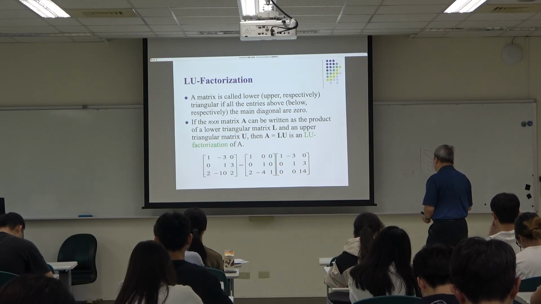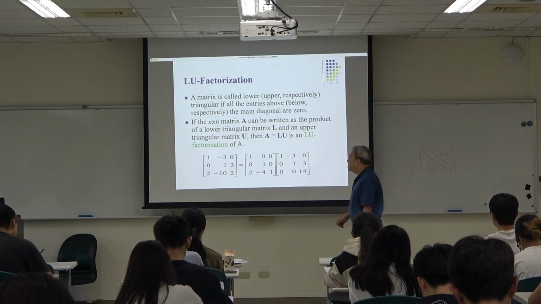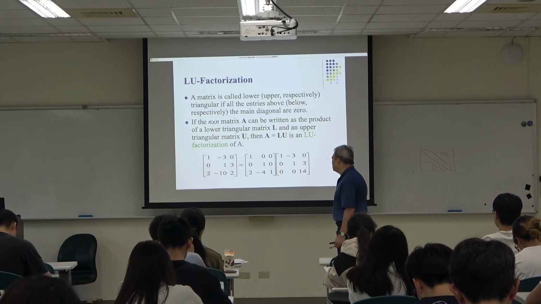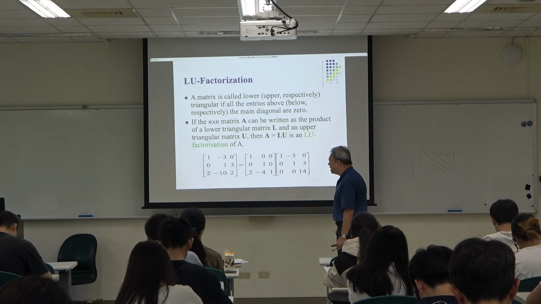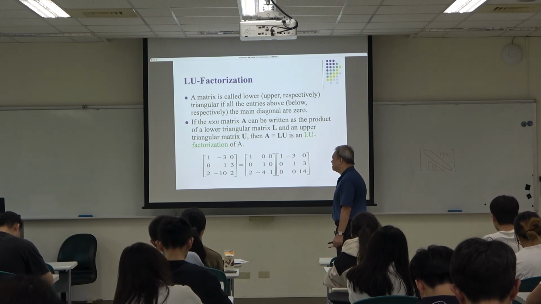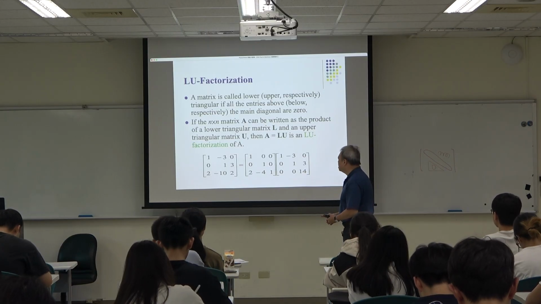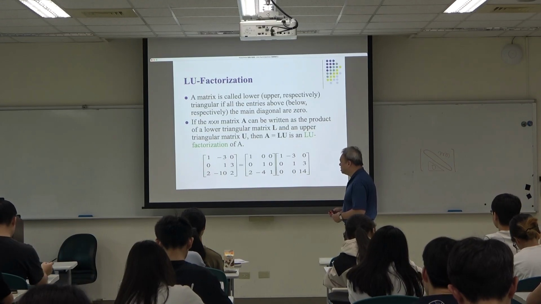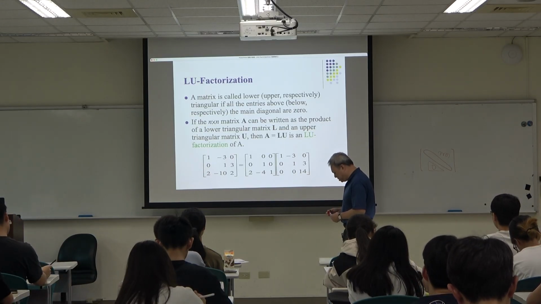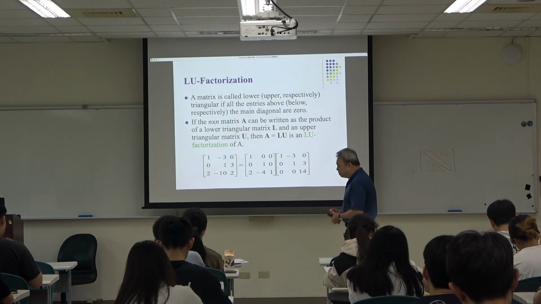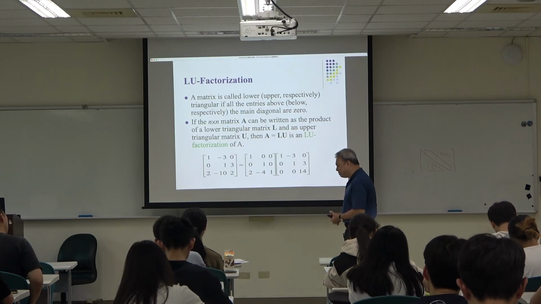So for an n by n matrix, it's not always, but sometimes it can be written as a product of a lower triangular matrix and an upper triangular matrix.